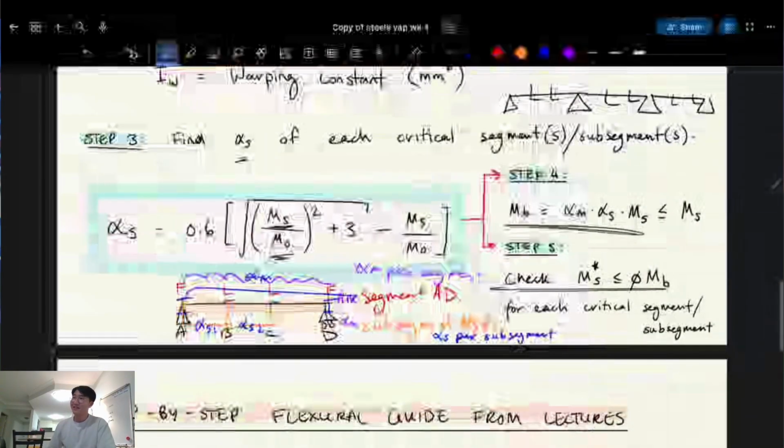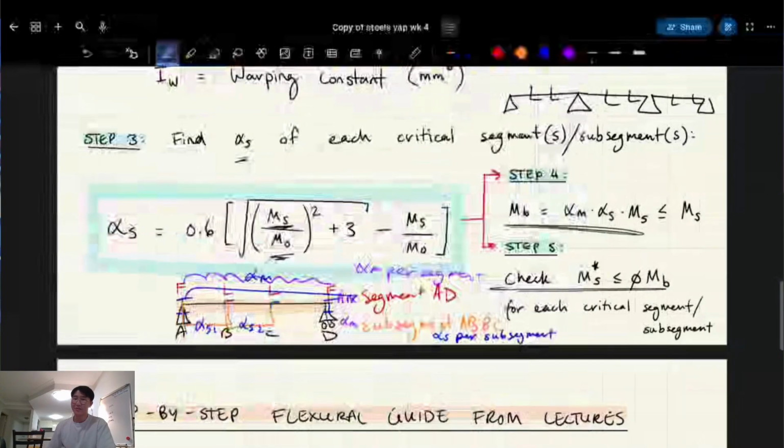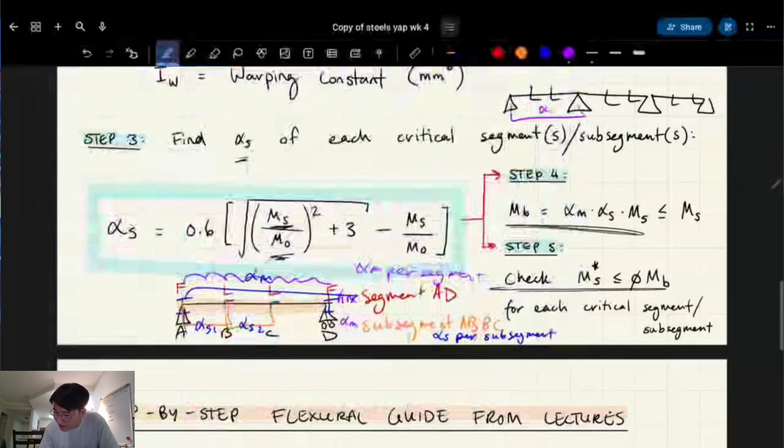Between here and here you'd have a certain alpha M, and here you have a different value for alpha M, and here a different value again. But you could potentially have different alpha S values for each of these things, right?